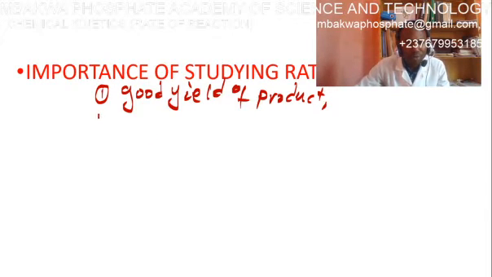Number two, how is studying the rate of a chemical reaction important to chemists? It will also help an industrial chemist. Who is an industrial chemist? An industrial chemist is a chemist that is working in the industry.